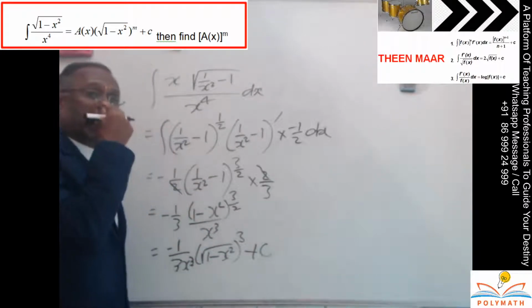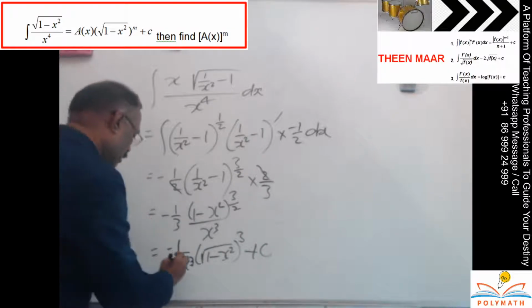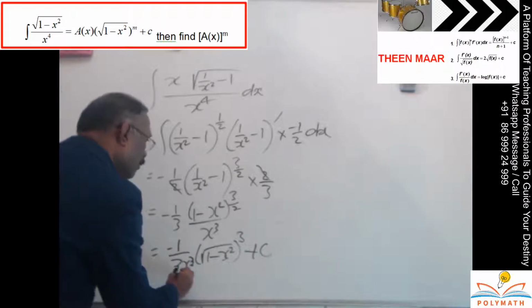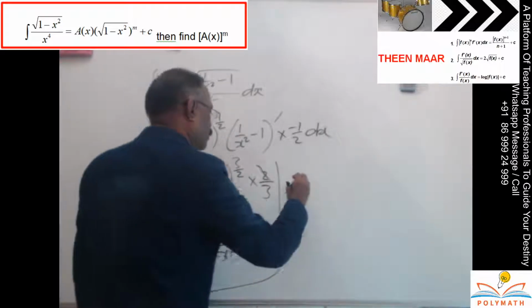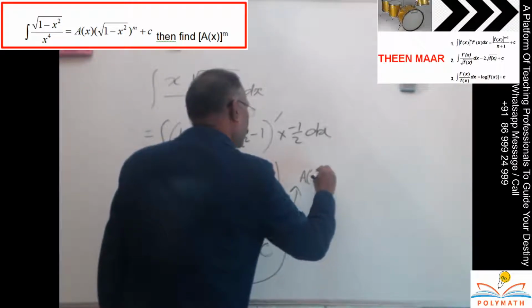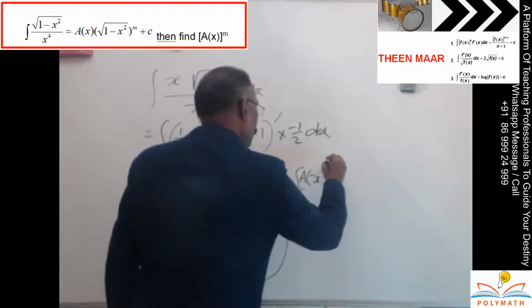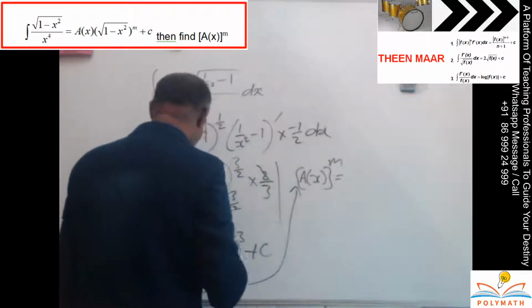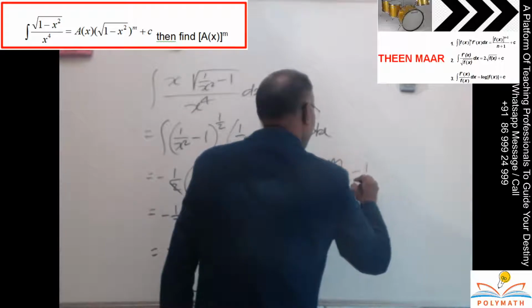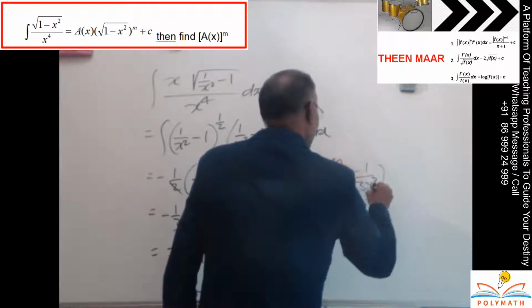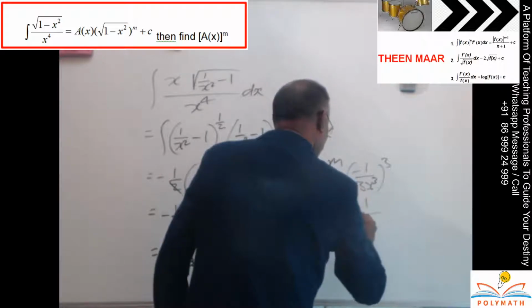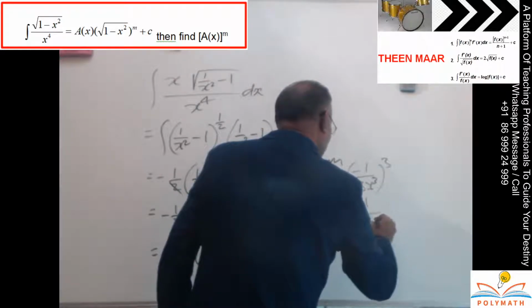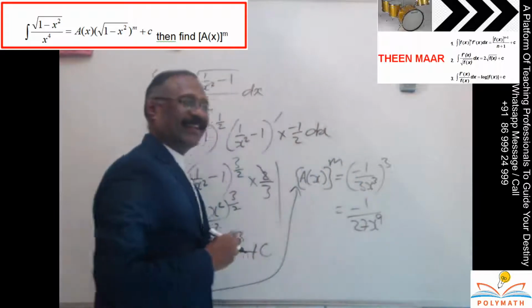What is the question there? He is asking for a of x whole power m. This is nothing but a of x. So a of x whole power m is equal to minus 1 by 3x cube whole cube, which is nothing but minus 1 by 27 x power 9. Just see that.